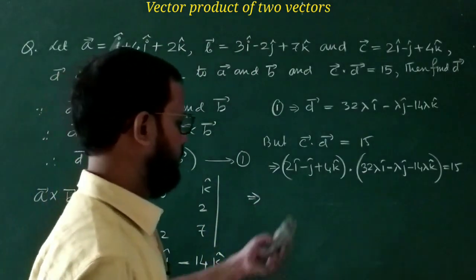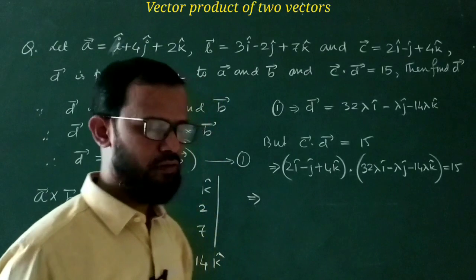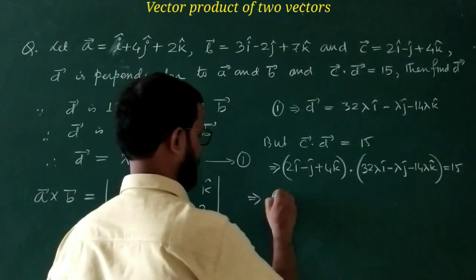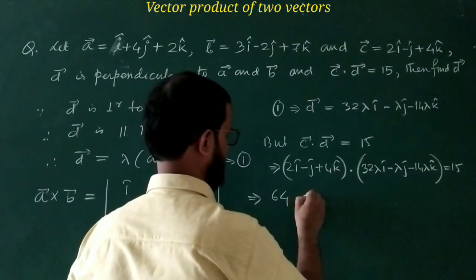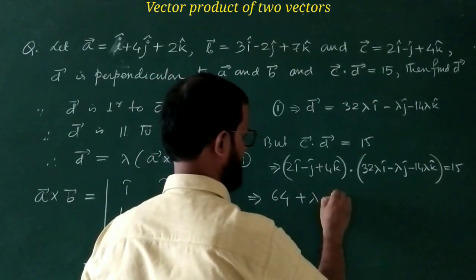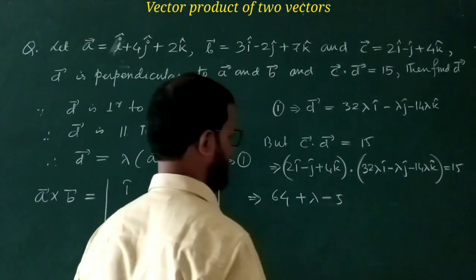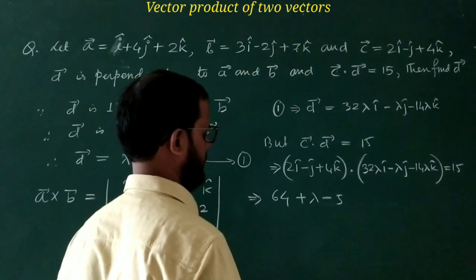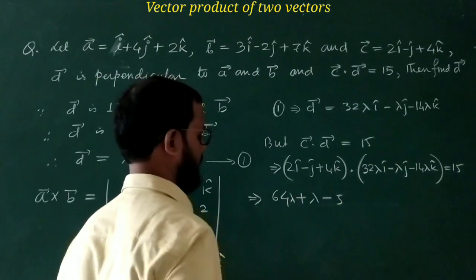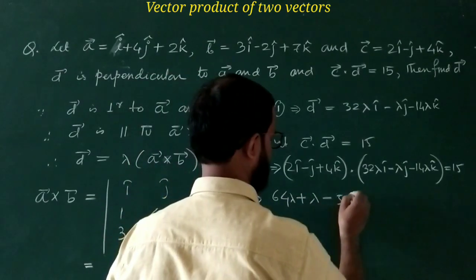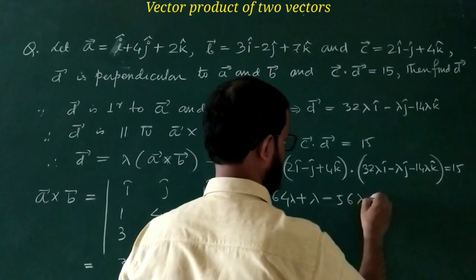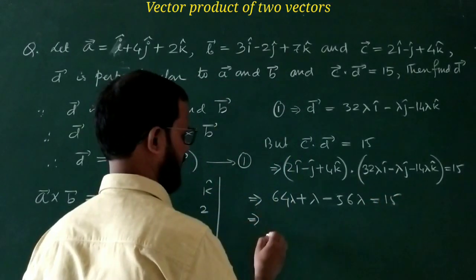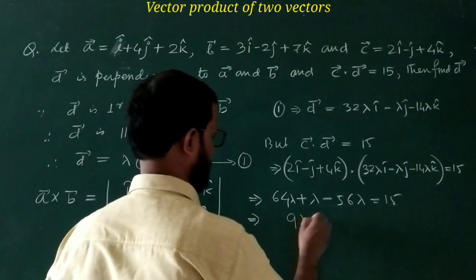Now, how to find the dot product between two vectors? The corresponding components will be multiplied: 64 lambda plus lambda minus 56 lambda is equal to 15. So from here we can find 9 lambda is equal to what?